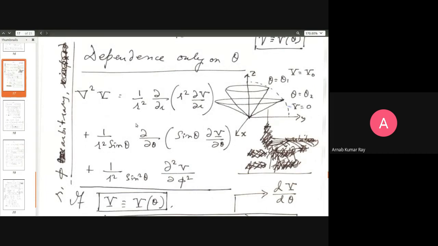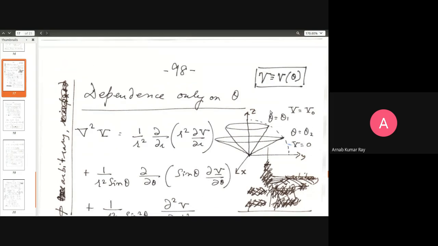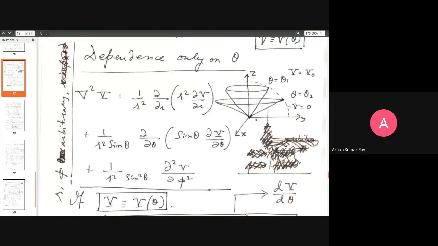Del squared V is equal to, this is the r variation, this is the theta variation, and this is the phi variation. So far we have taken up V depending only on r and V depending only on theta. We have done these two cases. Now we shall take up the case of V depending only on phi.